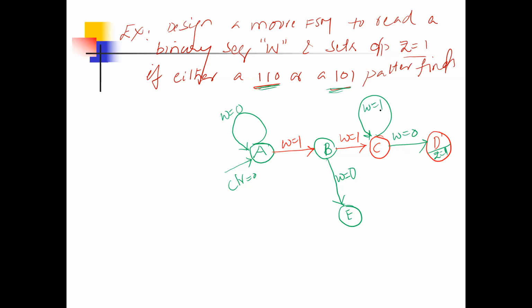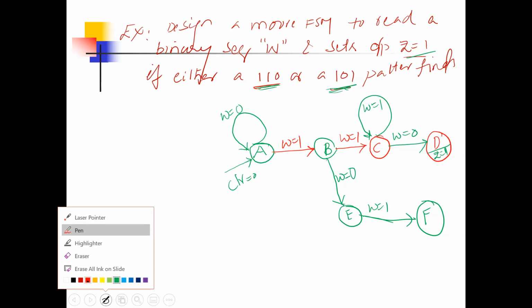Next, suppose you are at state E. For the pattern 1 0 1, if the input is 1, then take one more state. W is equal to 1, and 1 0 1 means Z should be 1. So I can write Z is equal to 1 here.